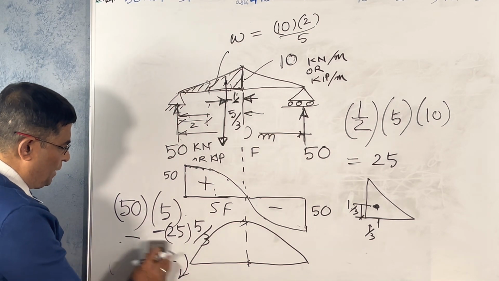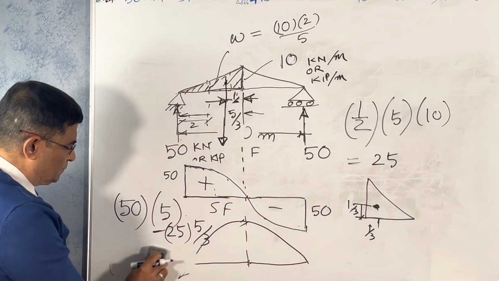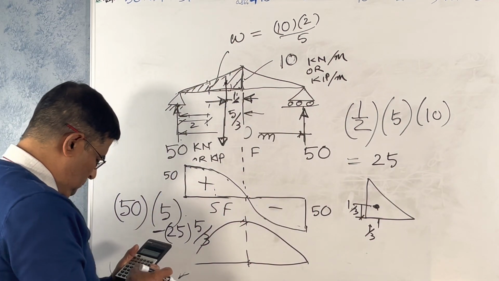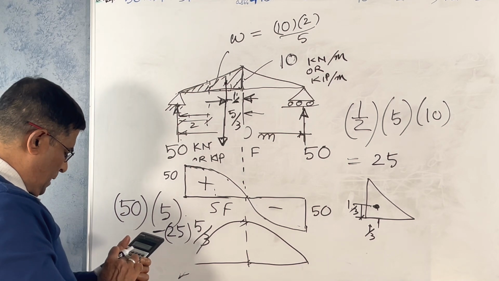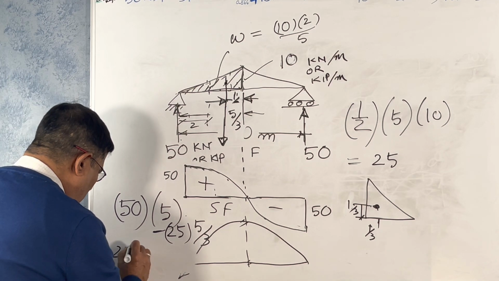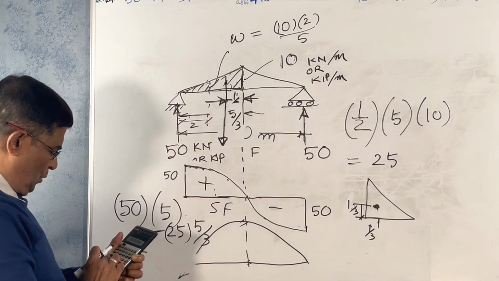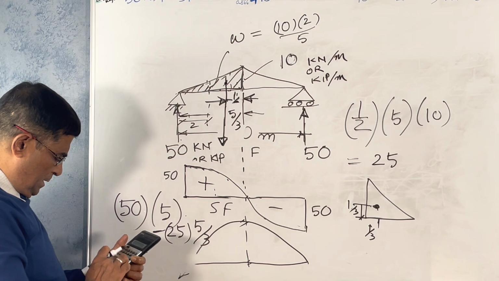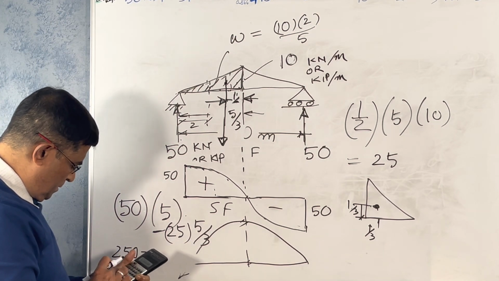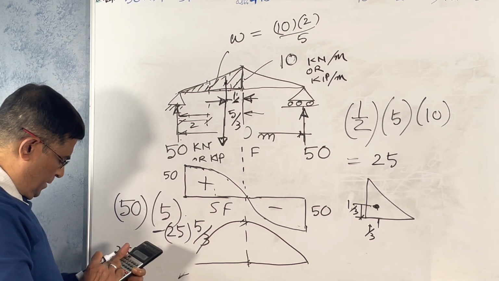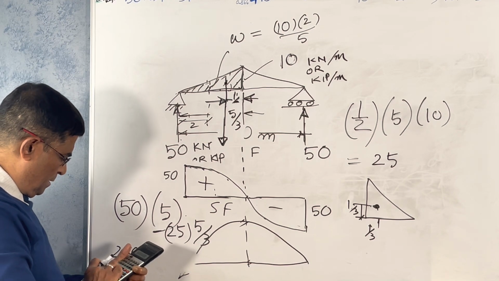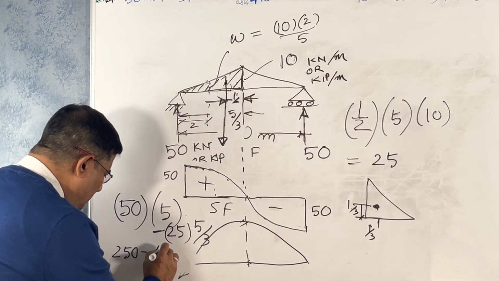Okay, how much is the value? 50 times 5 equals 250, minus 25 times 5 divided by 3, which is 125 divided by 3, 41.67.